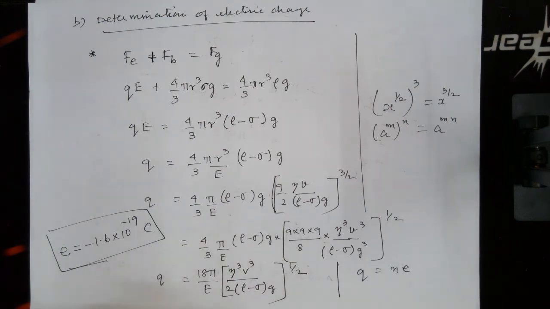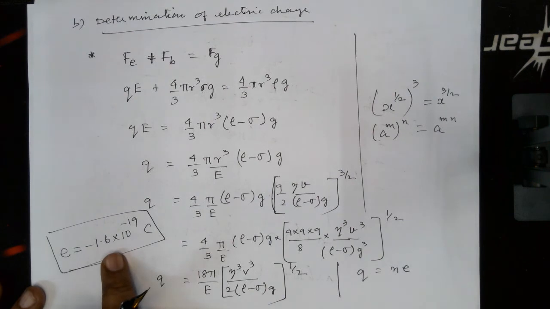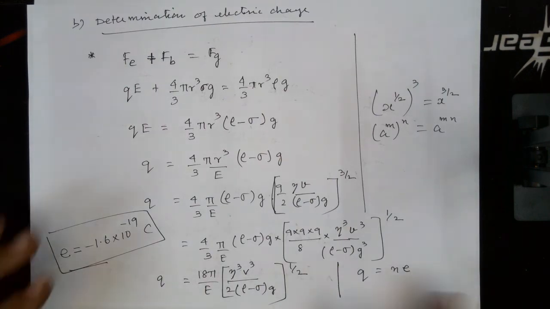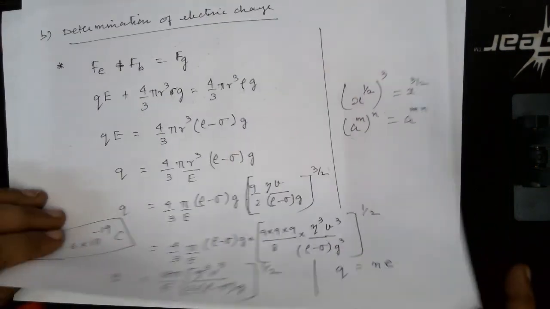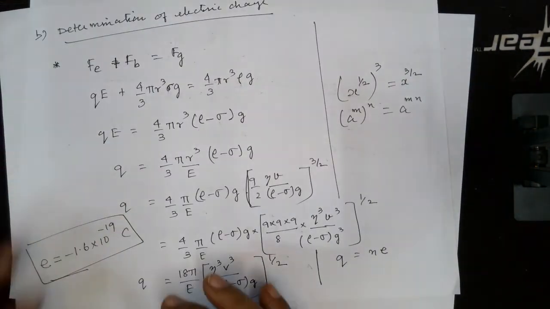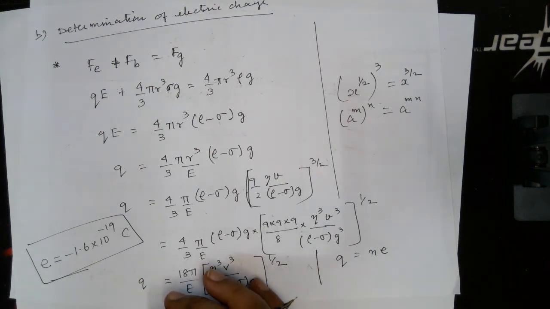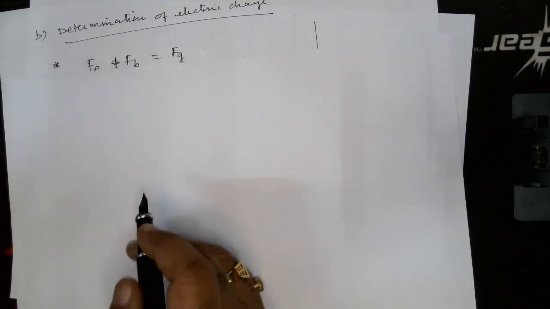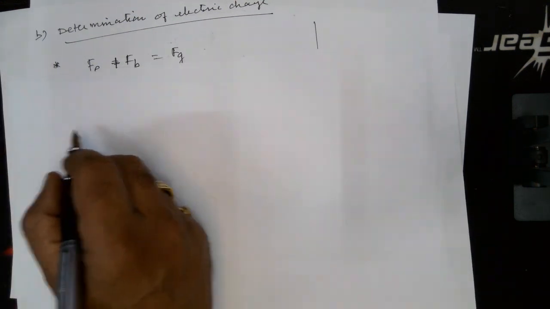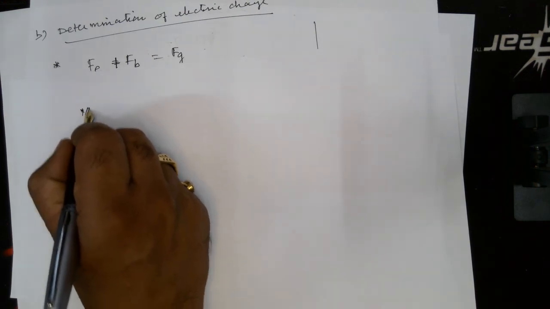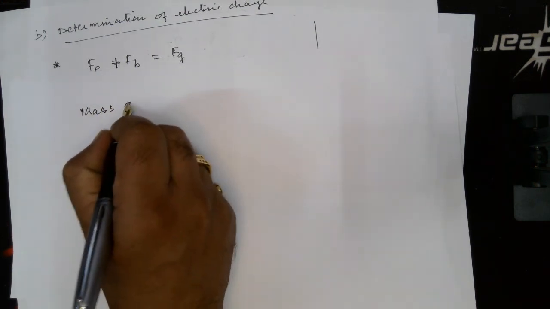And based on this specific charge value and Millikan's oil drop value, we were able to calculate the mass of electron. How? Now we have the mass of electron. What is the value of E by M? Now let us calculate the mass of electron also.